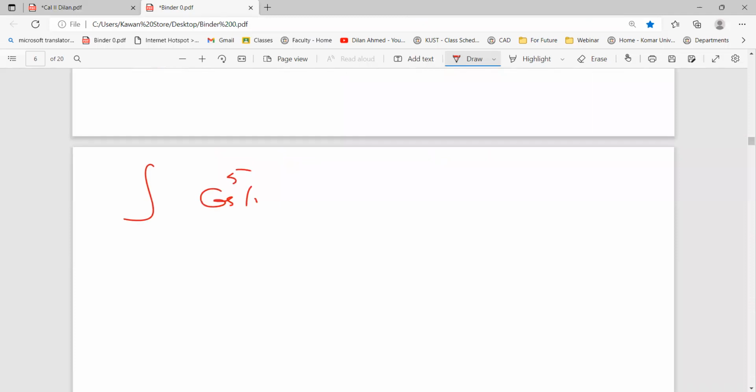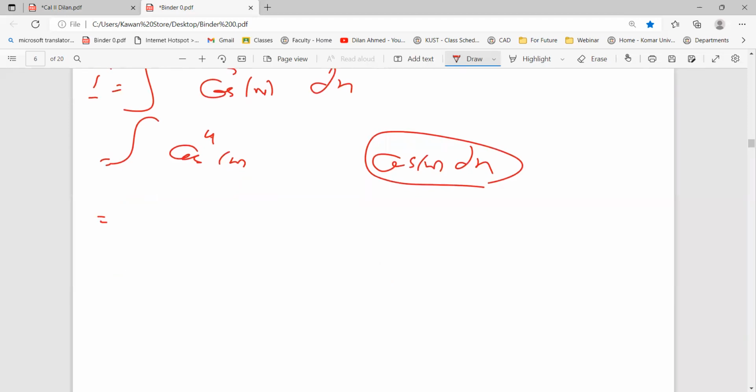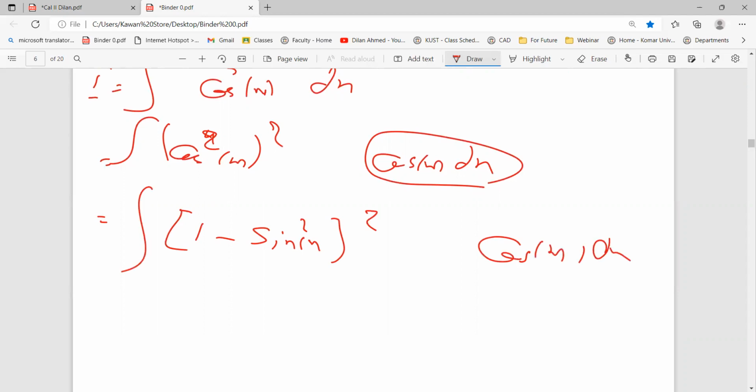Cosine to power 5 of x dx. We see equal to cosine to power 4 times cosine dx. Here we should change to what? 2 by 2. So 1 minus sine square, squared, cosine x dx.